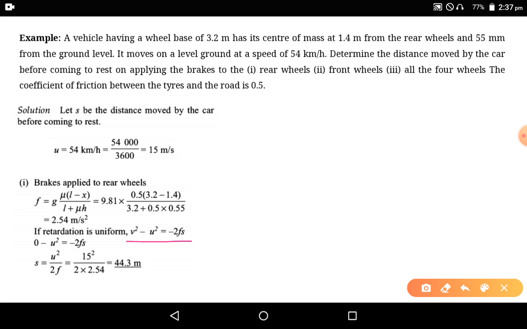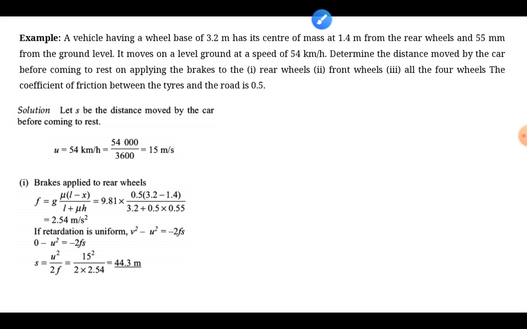In the next case, similarly, we will use the formula for retardation when the brakes are applied on the front wheel, right? The value of f in that case is given by g times mu x divided by (L minus mu h). Put all these values and you will get the rate of retardation as 2.35 meters per second square.